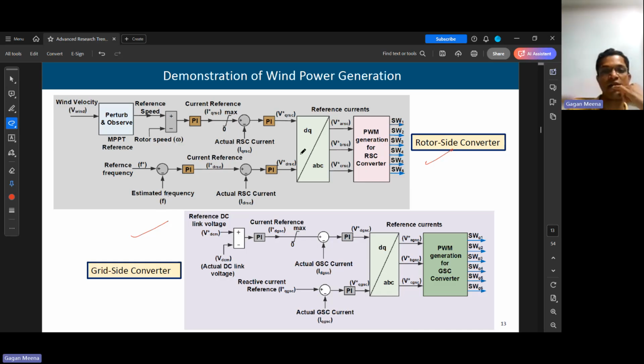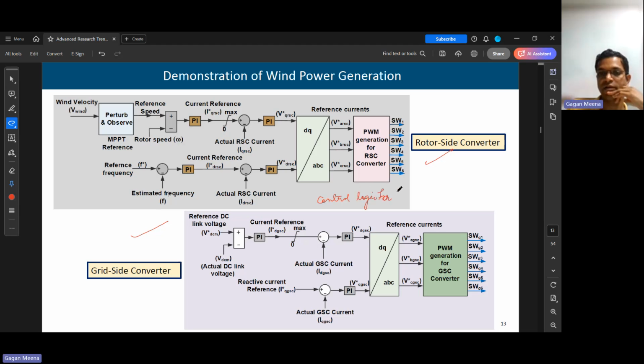The output of both the converters is the firing pulses for the converters. These are the control logic.